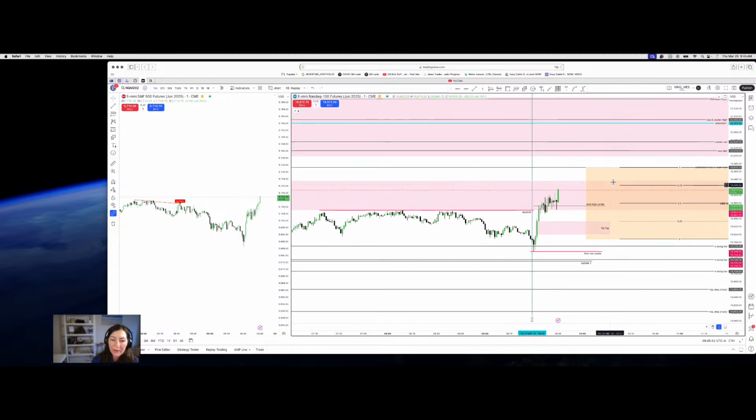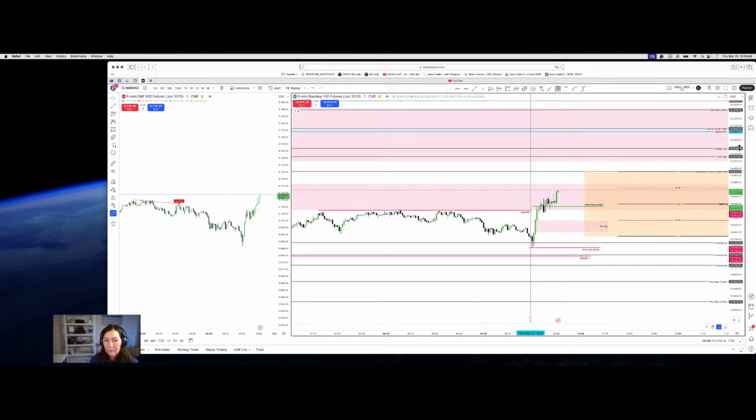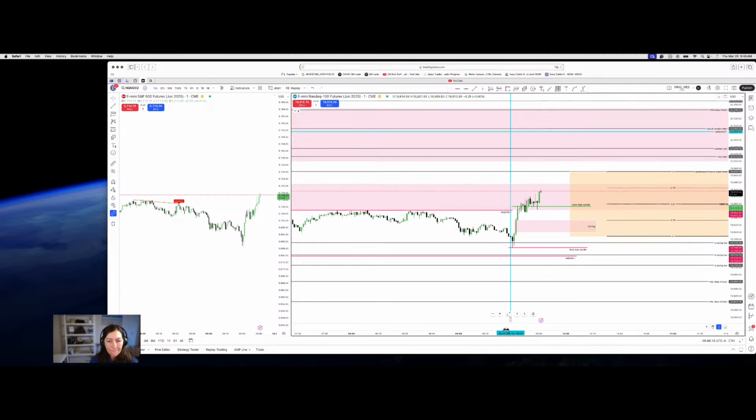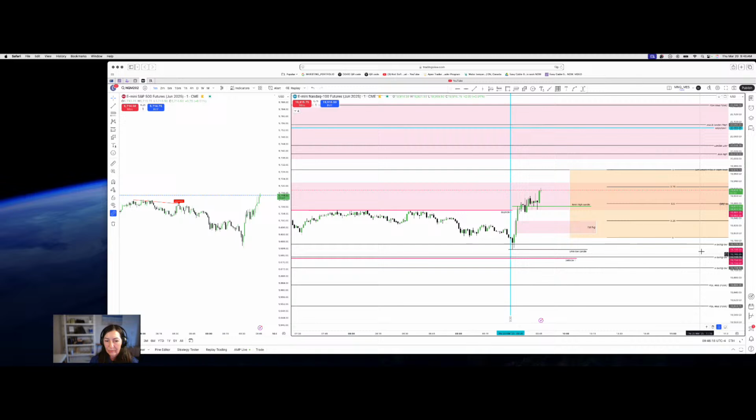Price is pushing up to the 75% range of the opening range gap. Suspicious price action.